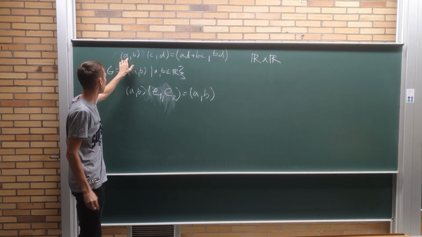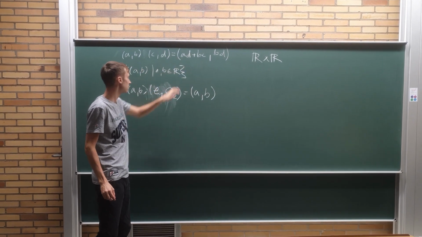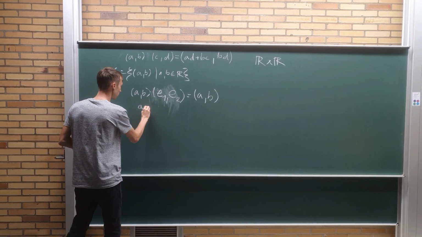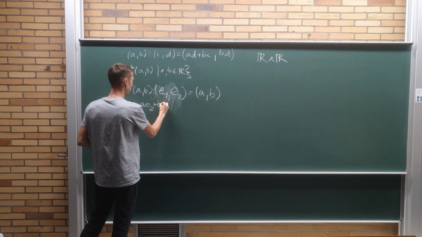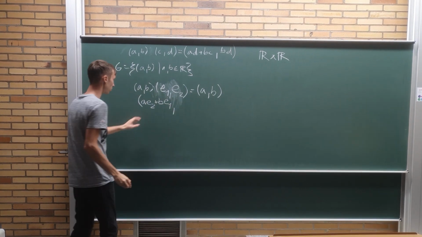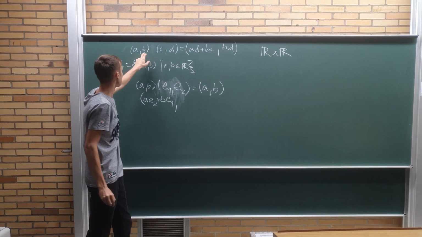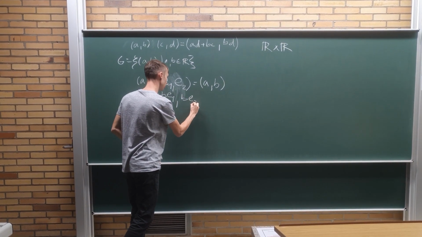So (a, b)(c, d) was like this, and so ad plus bc in this case will mean namely a times e2 plus b times e1, and that will be the first entry of this two-tuple, and the second one should be bd, which here will mean b times e2.